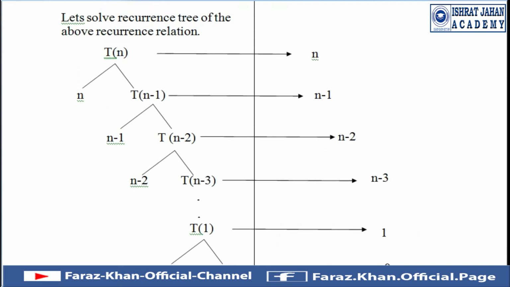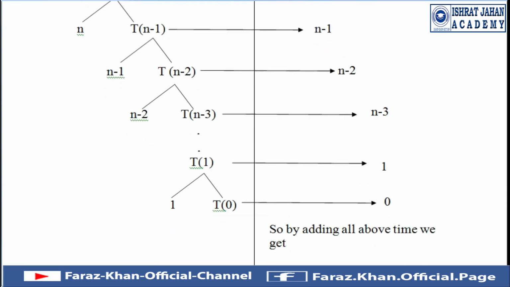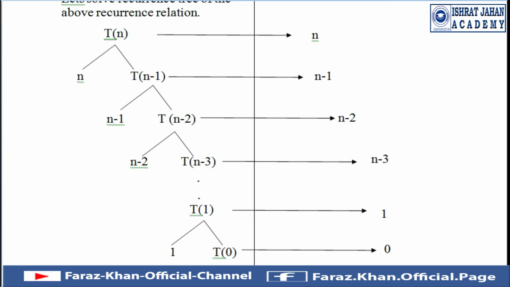So when we add the complexity, it will take n time, it will take n minus 1 time, n minus 2 time, n minus 3 time, it will take constant 1, and it will take 0. When I add up, it will become 0 plus 1 plus 2 plus ... plus n minus 3 plus n minus 2 plus n minus 1 plus n.